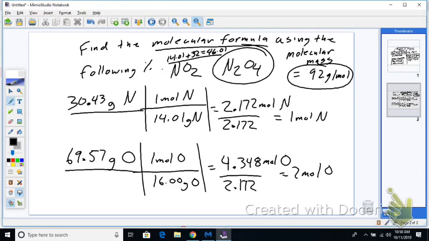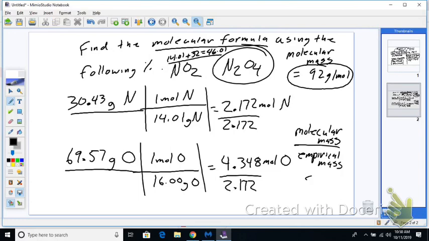So here's the step. You take the molecular mass and you divide by the empirical mass.